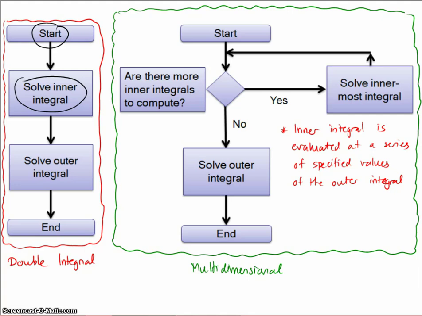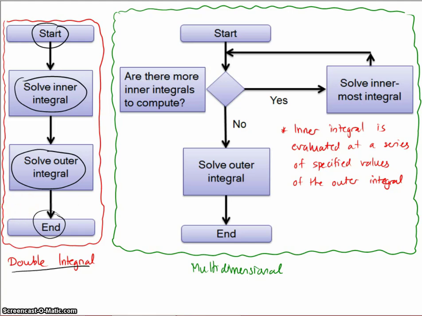When I say solve, I mean you solve it numerically. So once you've solved an inner integral numerically, you are going to solve the outer integral by using all the values or solutions that you have gotten from the inner integral, and then the results that you get would be the estimation of your double integral. So this is the flowchart if you have a double integral.